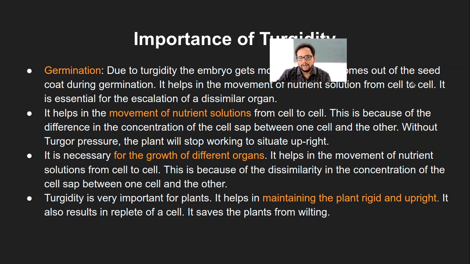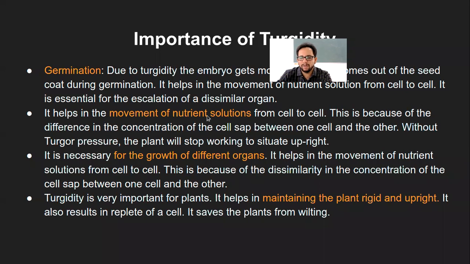Now it also helps in the movement of nutrient solution. This we had discussed in the last class itself. The osmosis and diffusion keep on happening due to certain movements within the cell sap, or due to the absorption of water by the roots.